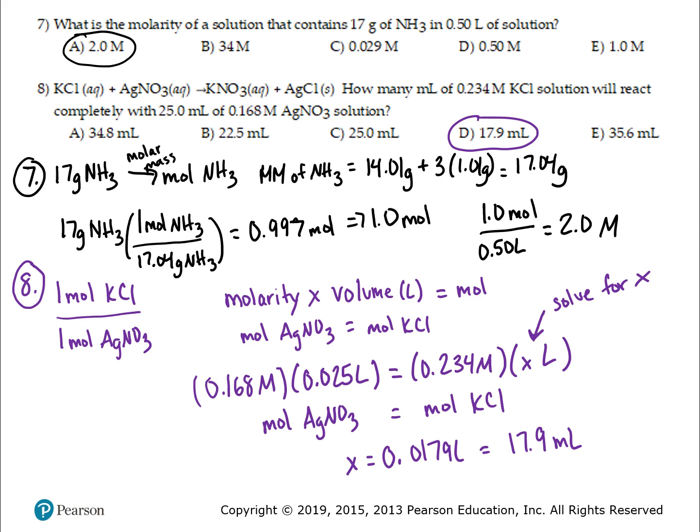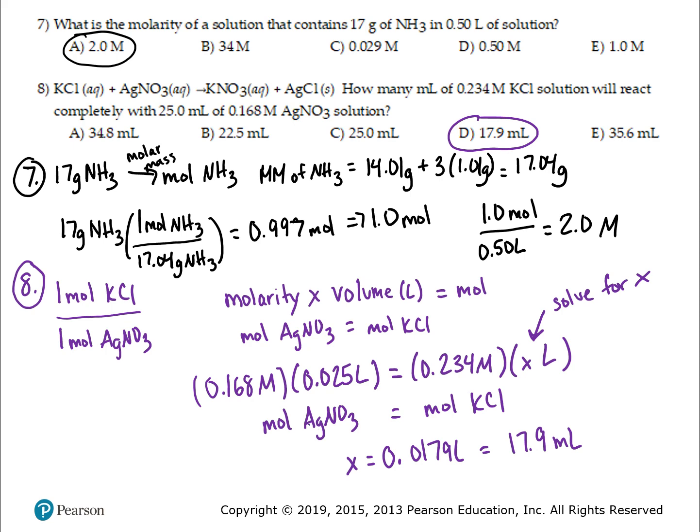Yes, what's your question? So it's similar to that, but it's not a dilution. What we're saying when we're doing a dilution in general is the molarity times the volume is equal to the number of moles. And what we're saying here is this is true for these two things.